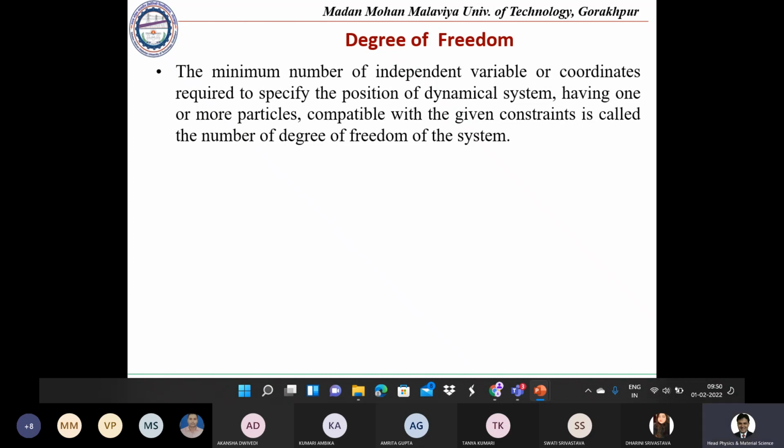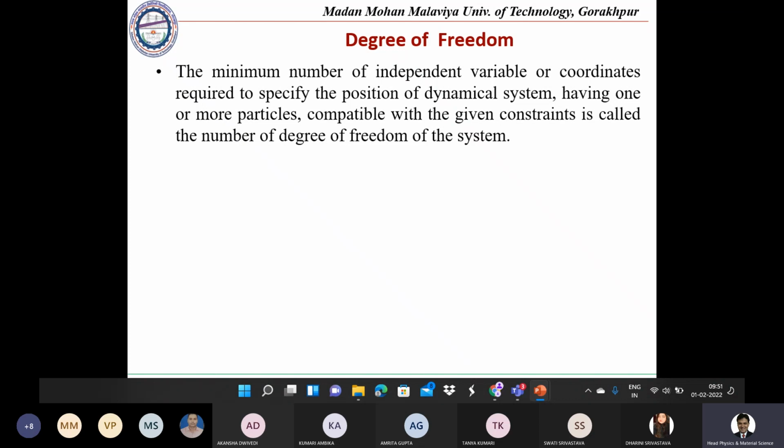So if we are taking the liberty for the movement of a particular particle, then what liberty is there regarding the variables, the coordinates, required to specify the position of the dynamical system.